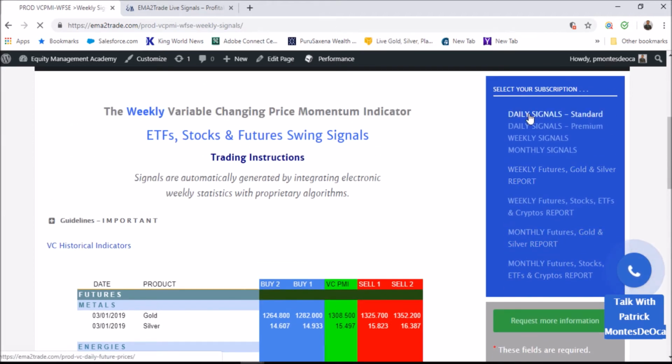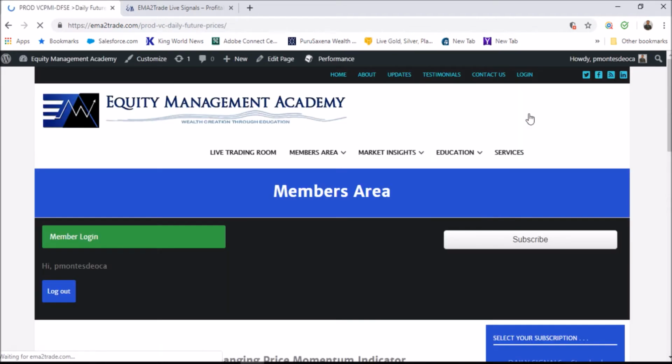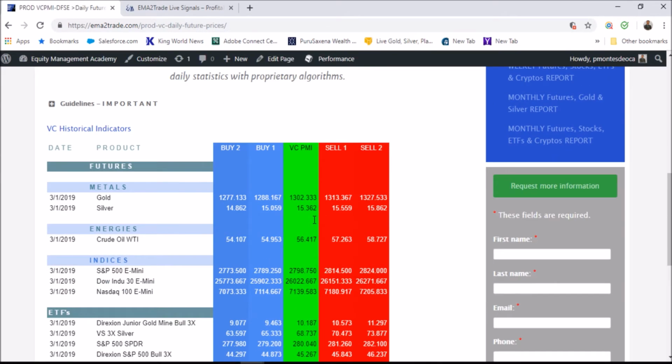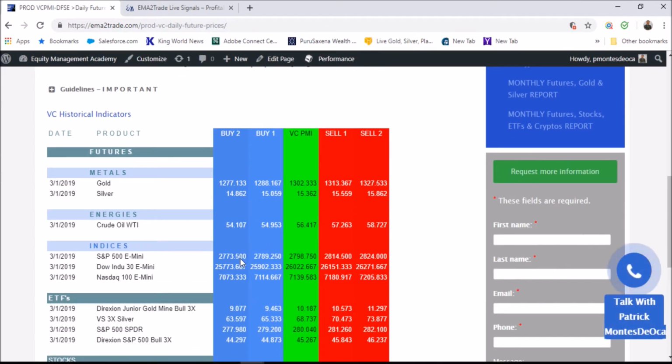The daily indicators are into the 27.74 to 27.89 level.